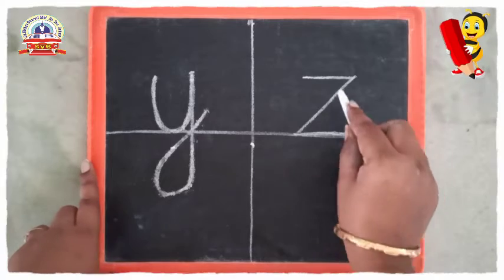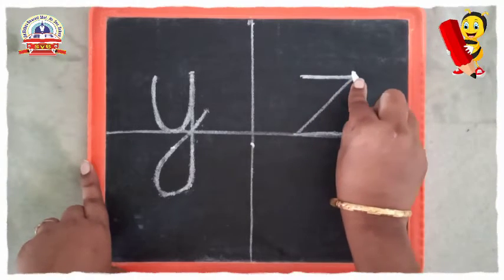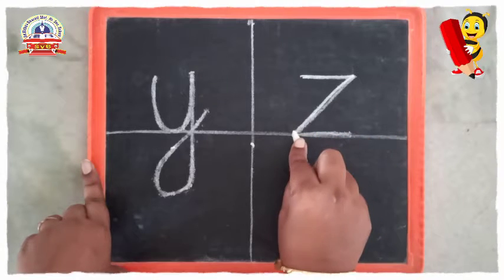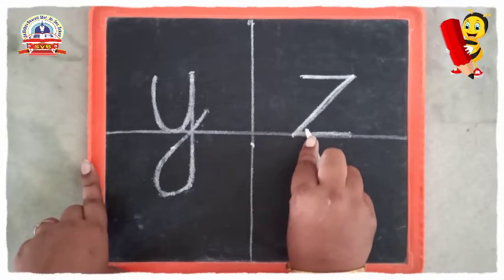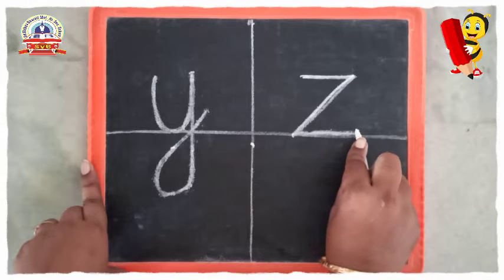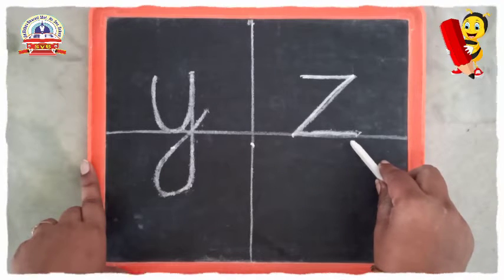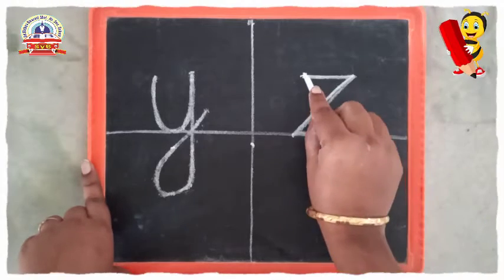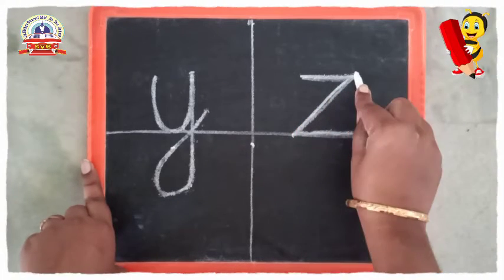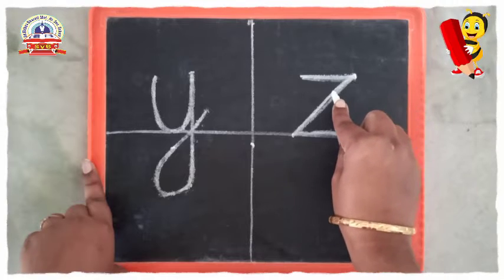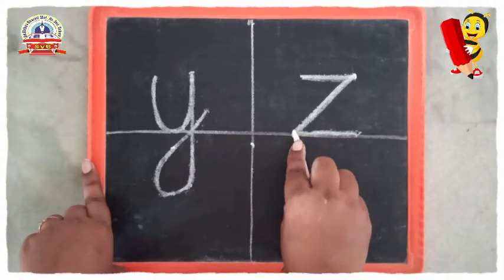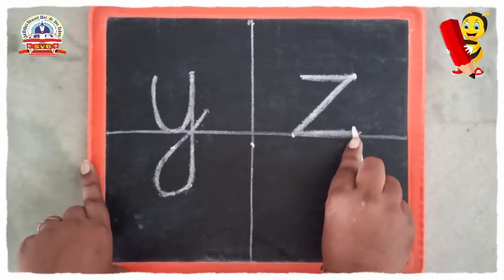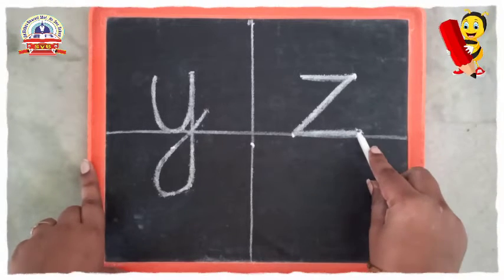Write with me again. Sleeping line in the middle, then right slanting towards down, then sleeping line on the hanging line. This is Iz. Write with me again. Sleeping line in the middle, right slanting towards down, then sleeping line on the hanging line. Iz.